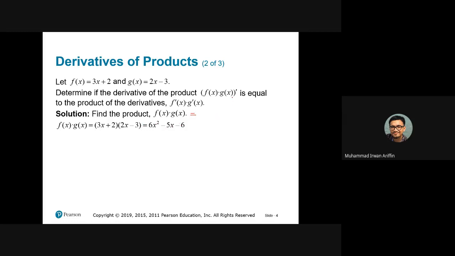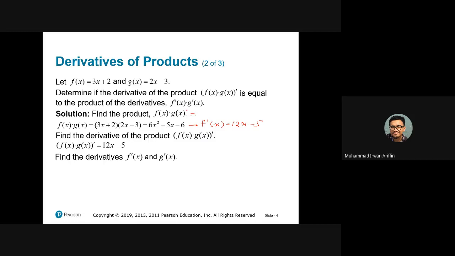Now, let's try to find the derivative. The derivative of this would give us 12x minus 5 minus 0. Okay, we got this. Now, what about the other way? Let's differentiate the functions first. f of x is 3x plus 2, so f prime gives us 3, and g prime of x gives us 2.